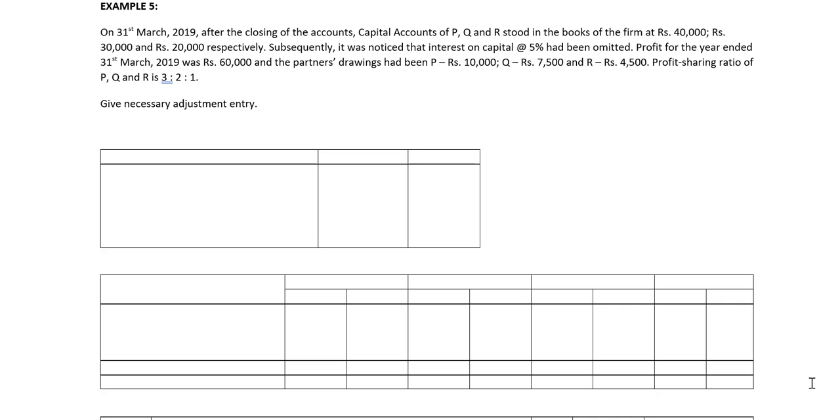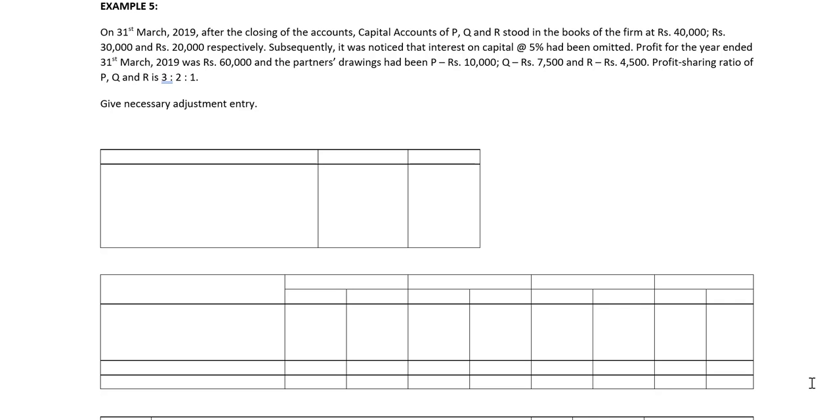Example 5. On 31st March 2019, after closing the books of accounts, the capital accounts of P, Q and R stood in the books of the firm at rupees 40,000, rupees 30,000 and rupees 20,000 respectively. Subsequently, it was noticed that interest on capital at 5% had been omitted.